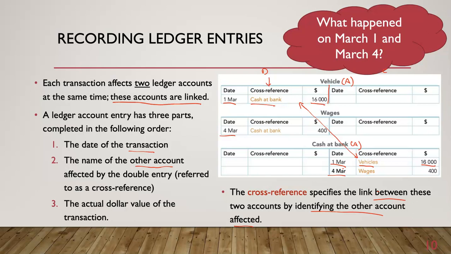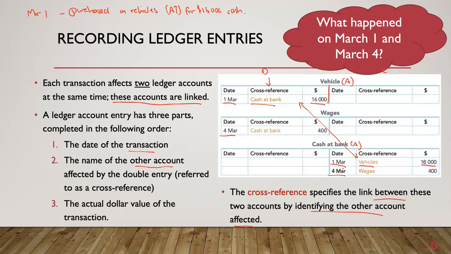Let's think it through. On March 1, I purchased a vehicle because my asset has gone up, for $16,000 of cash. And I've deliberately excluded GST in this one, just so we get an understanding of it.